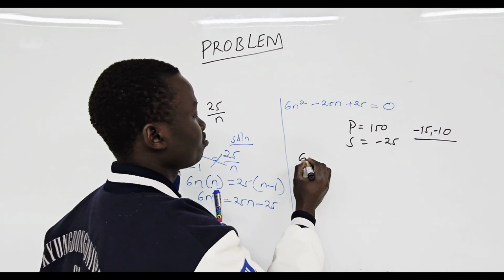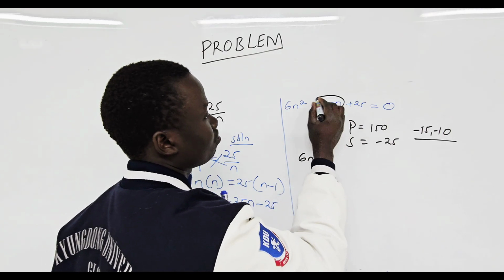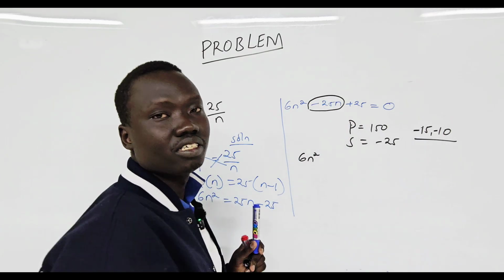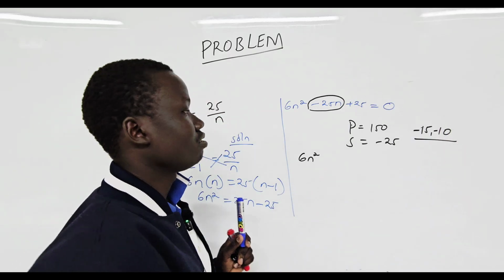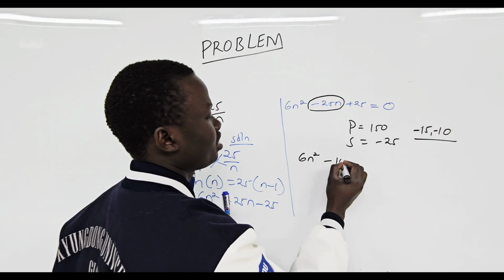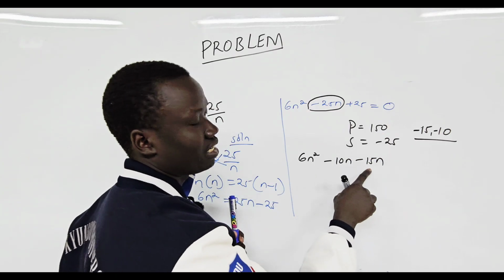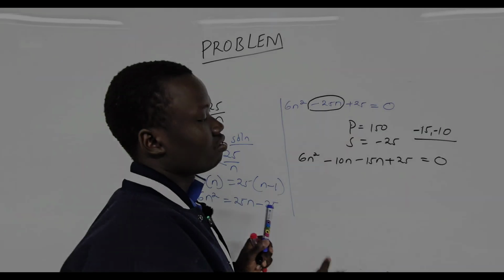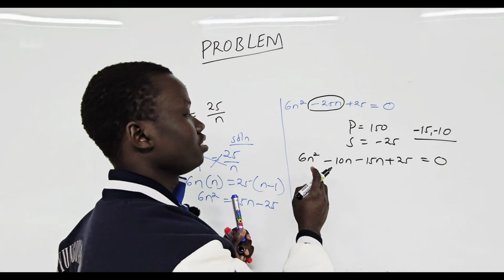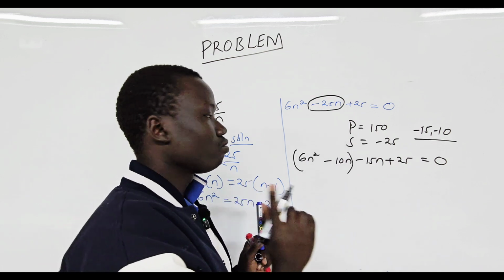In this case, we're going to have 6n squared, and we split the middle term here, so we have minus 10n minus 15n, which represents minus 25n. Now we are going to factorize two terms in a group, and two terms in a group.